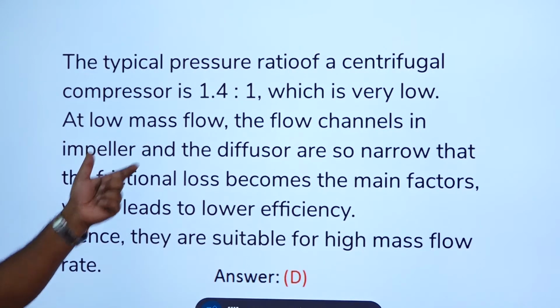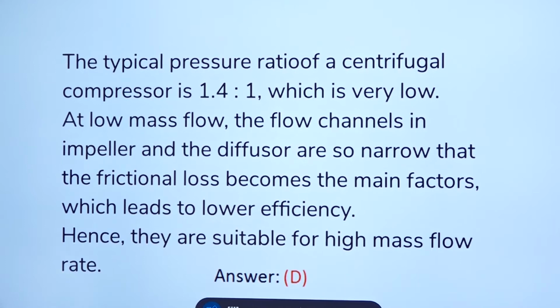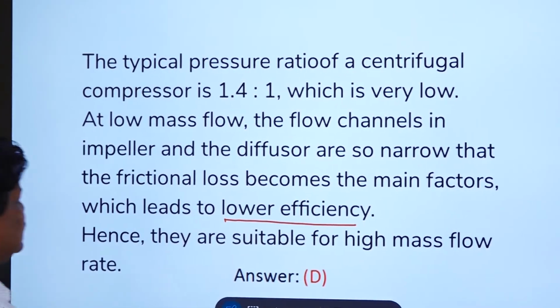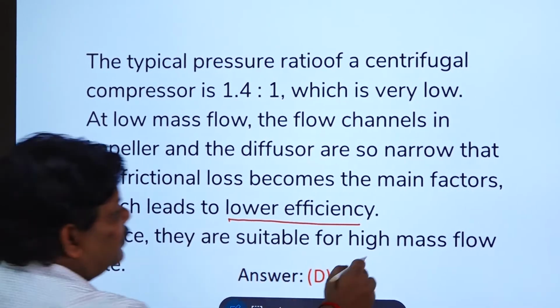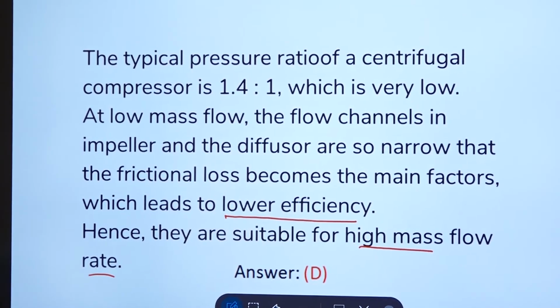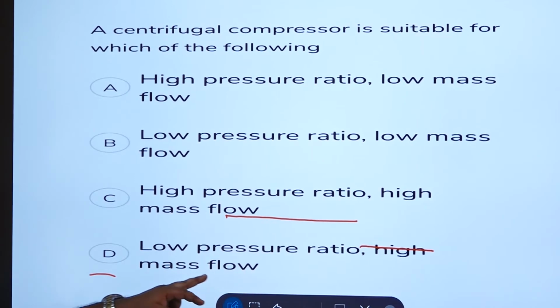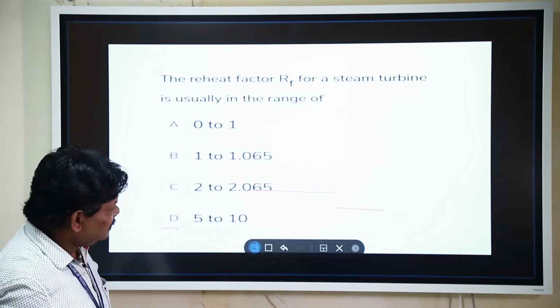At low mass flow, the flow channels in the impeller and the diffuser are narrow, so friction loss becomes the main factor, which leads to lower efficiency. Hence they are suitable for high mass flow rate. So low pressure ratio and high mass flow.